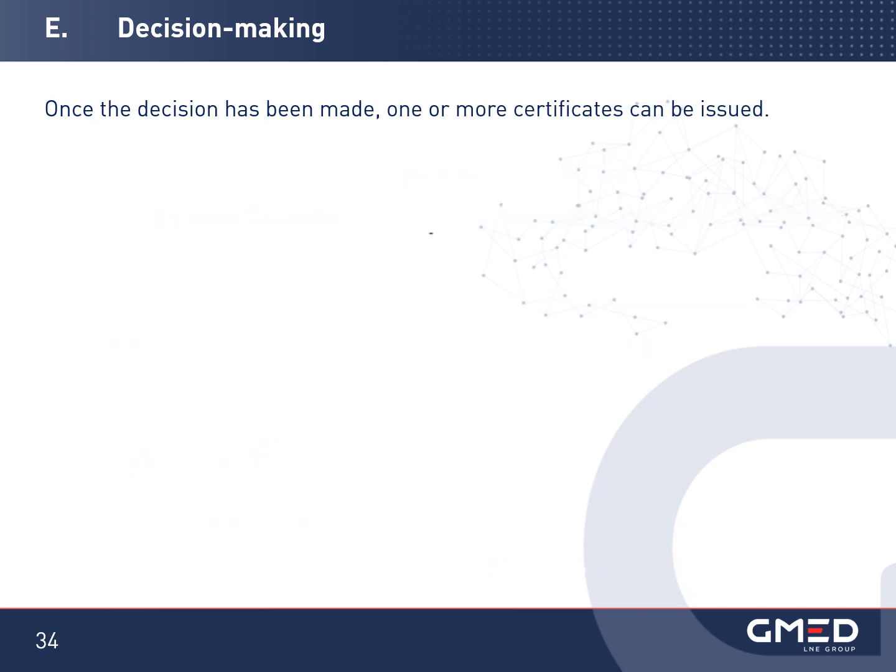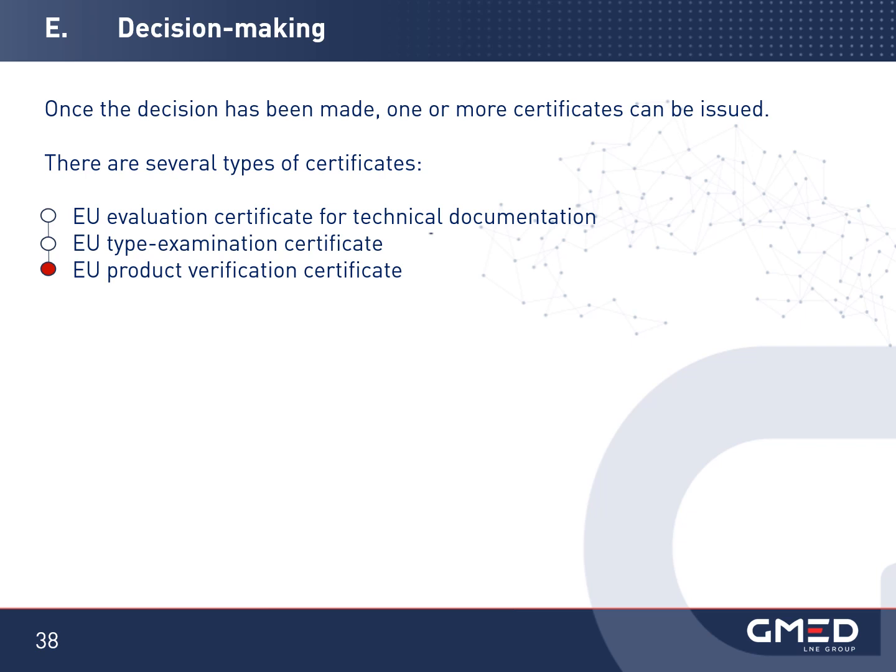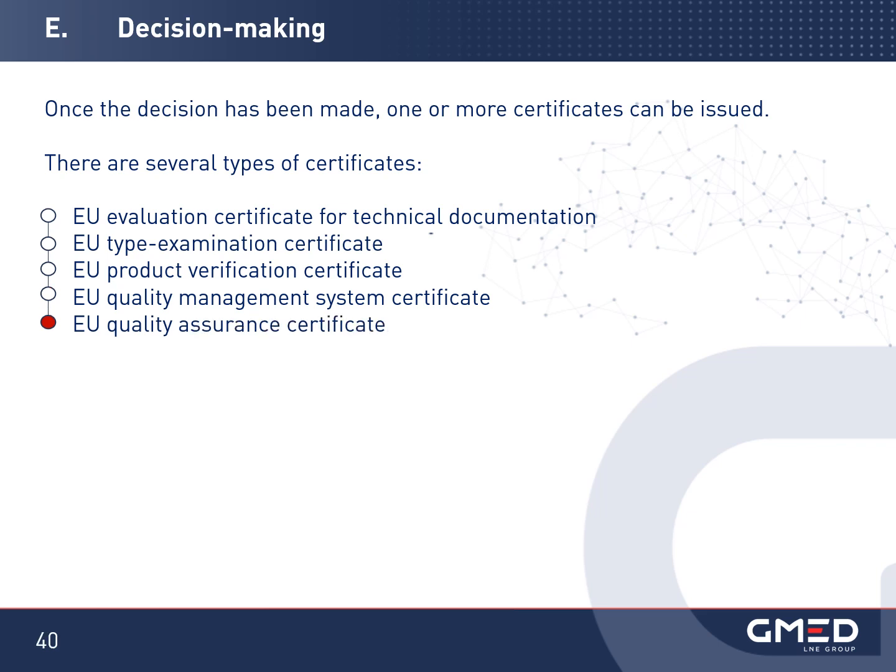Following this decision, one or more certificates may be issued by the notified body. There are different types of certificate. EU evaluation certificates for technical documentation, EU type examination certificates, EU product verification certificates, EU quality management system certificates, EU quality assurance certificates.